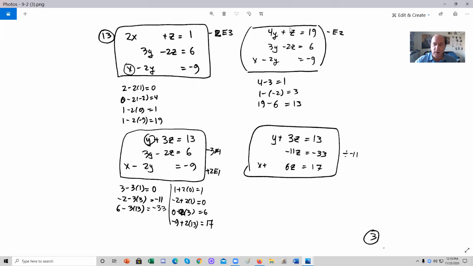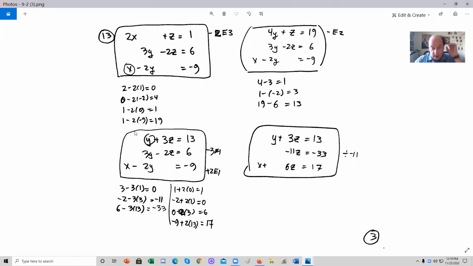In this case, I decided to turn this 4y into a 3y by subtracting equation 2. 4 minus 3 is a 1, so 1y; z minus 2z is -z, a 3z; 19 minus 6 is a 13. So this first equation becomes y plus 3z equals 13.